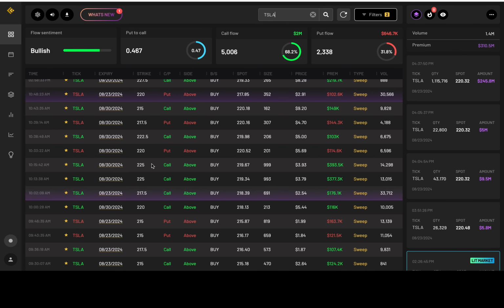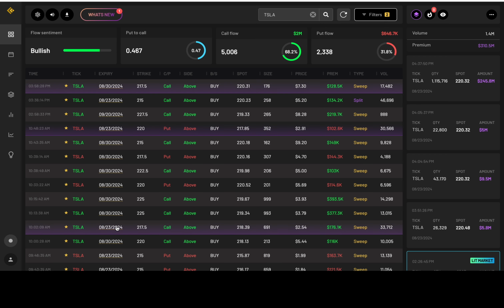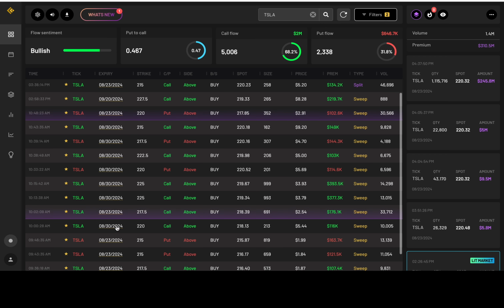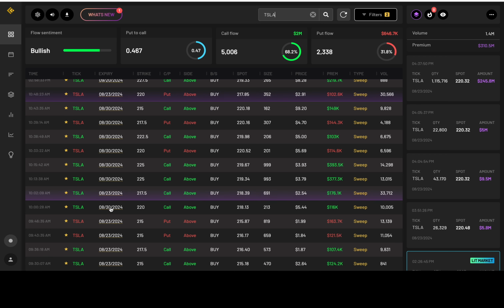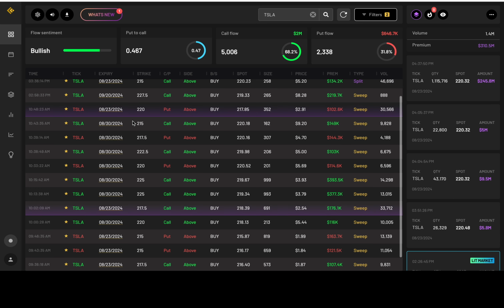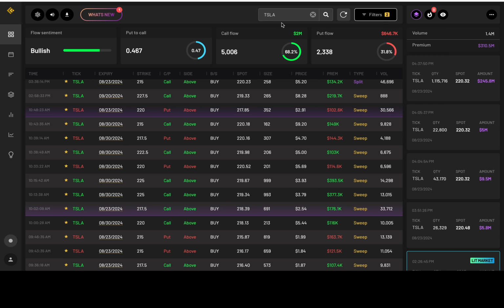So it looks like a lot of short-term positions here that were above the ask. Because I'm just looking at above the ask, you see a lot of them are short-term. But the ones like August 30th that have time are calls. There is one right here, 217.5, but there's a higher quantity of calls. I say the bulls are definitely more bullish.